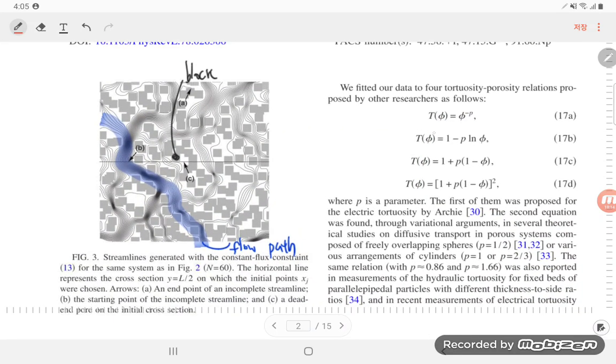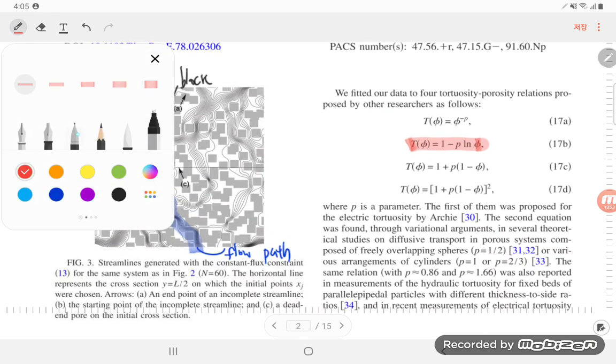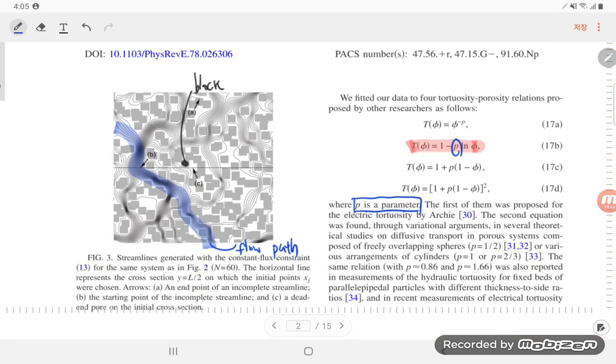Firstly, we can use this one. This is the tortuosity, and this is the function of the porosity. And in here, P is the parameter. From experiments, the previous study found this P value.